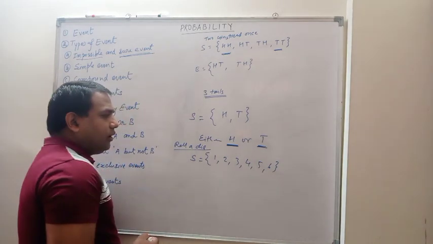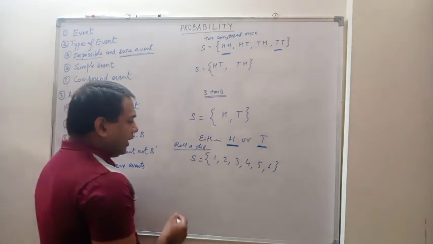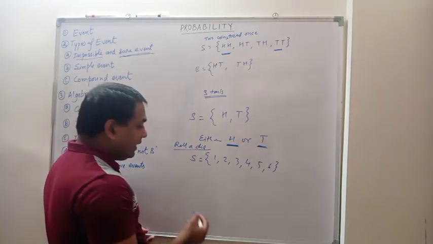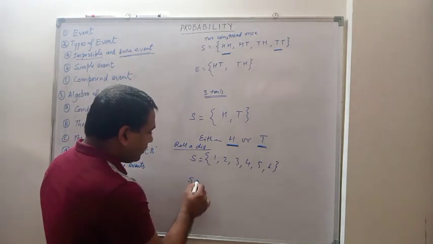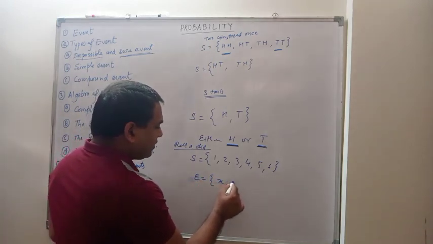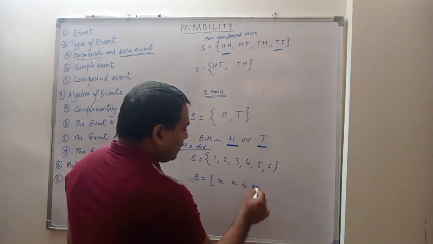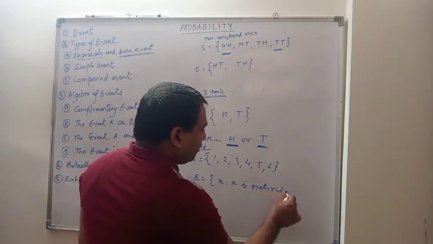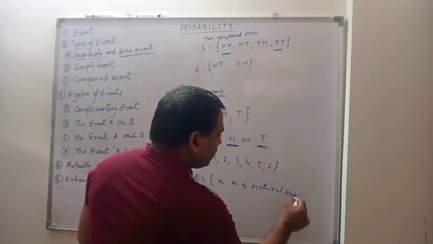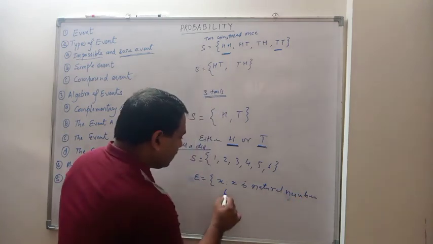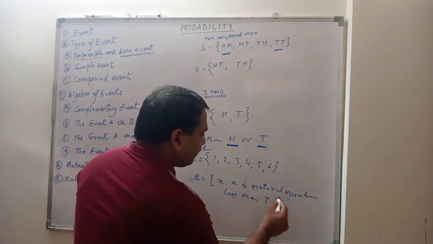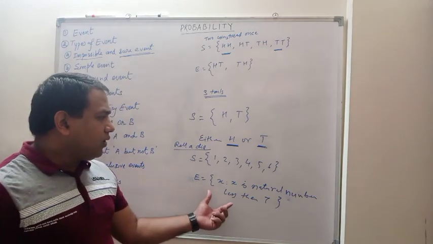And if I say roll a die and get a natural number less than 7, the event E is X such that X is a natural number less than 7.